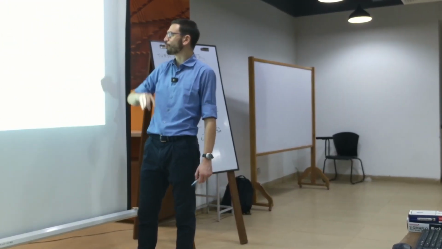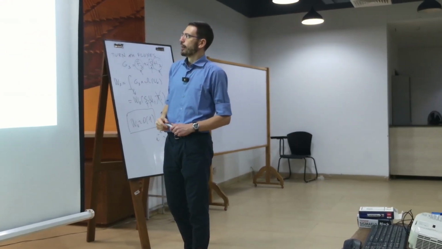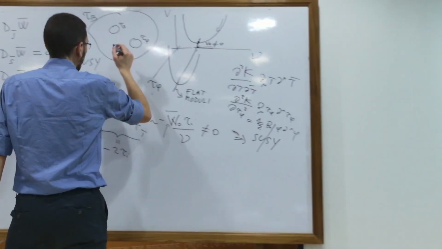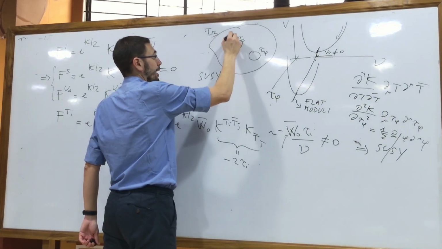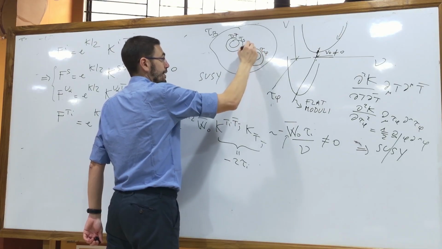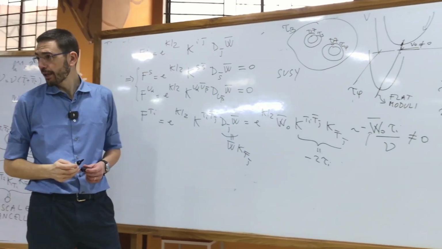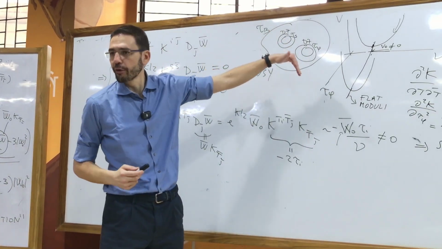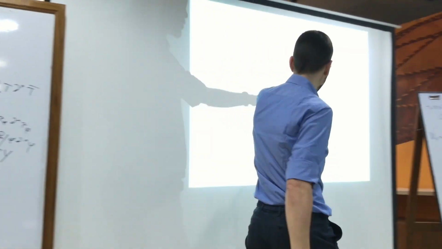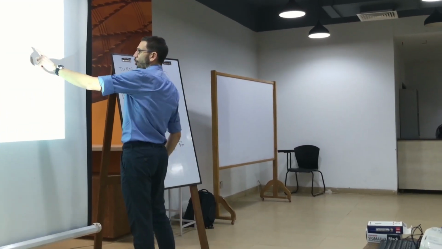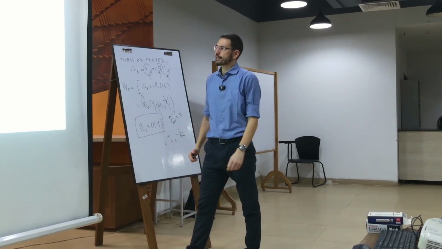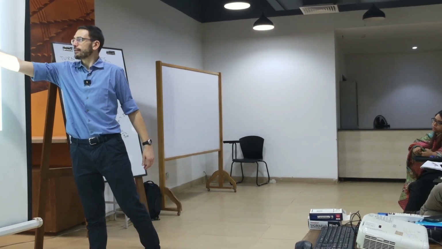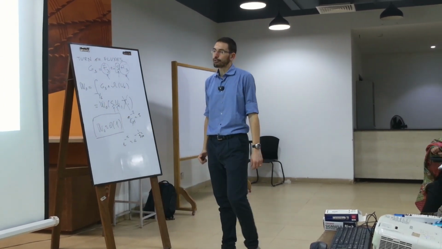Then you can also add non-perturbative corrections that depend on tau S and tau phi. You can think about them again as having a stack of D7 branes wrapping this cycle and a stack of D7 branes wrapping that cycle, as we've seen yesterday. There could be non-perturbative effects in these field theories which generate these corrections, where now capital A_S and capital A_phi are constants, and the same for little a_S and little a_phi.